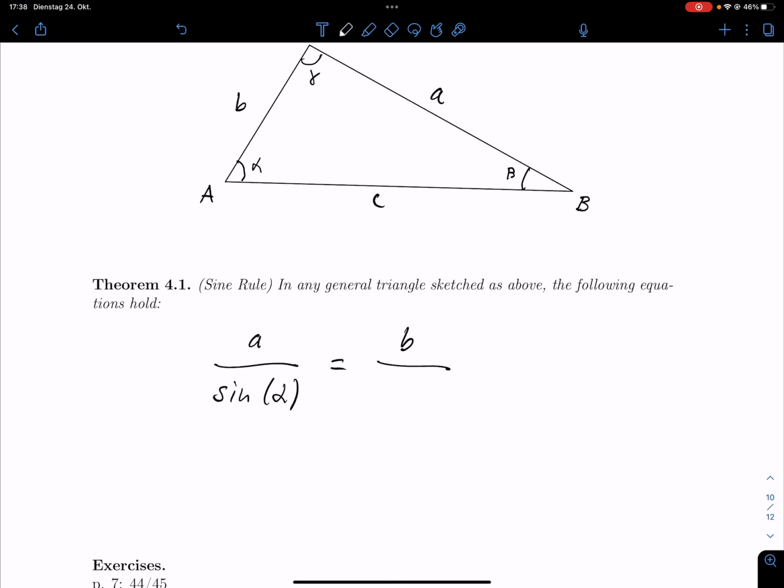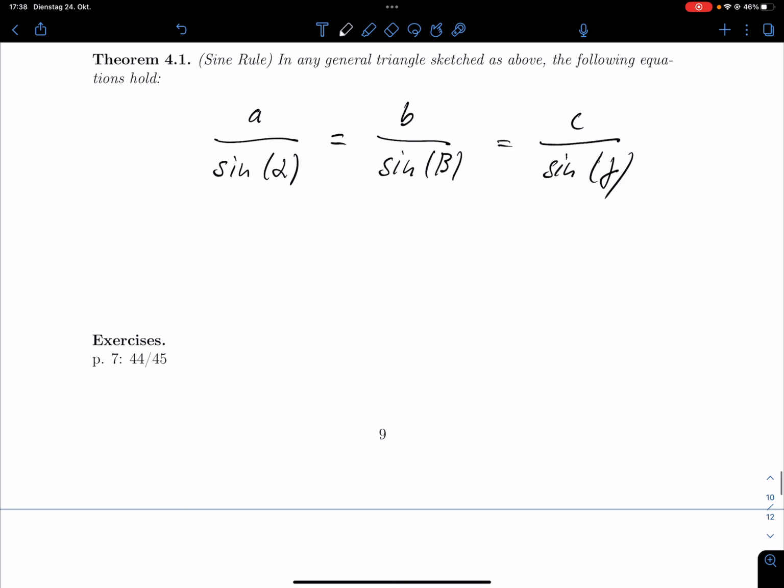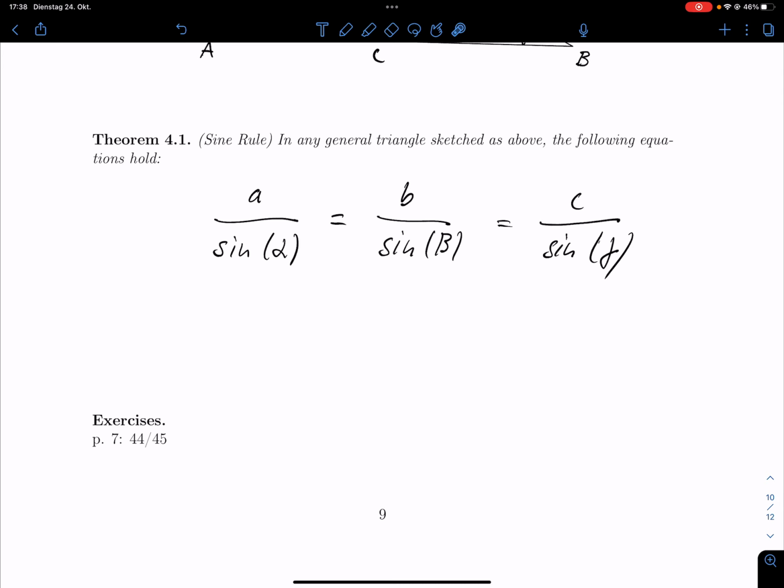So A over sine of alpha is B over sine of beta is C over sine of gamma. And you saw in the lessons that you either focus on maybe this equal to that, or this equal to that. Depends on the exercise, you just pick and choose.